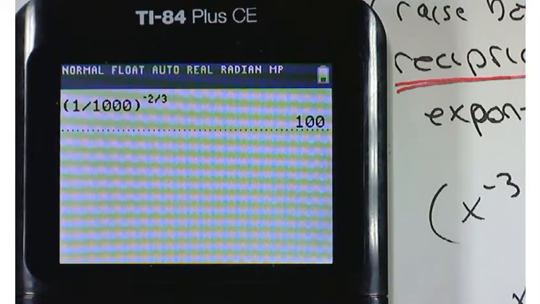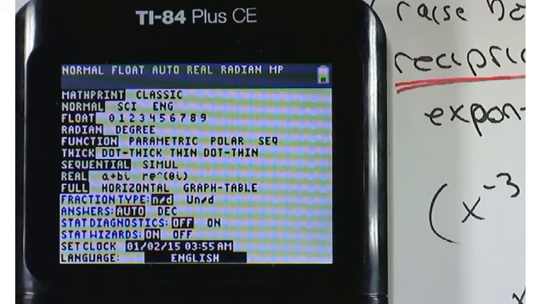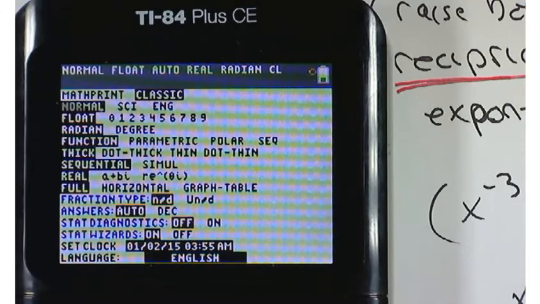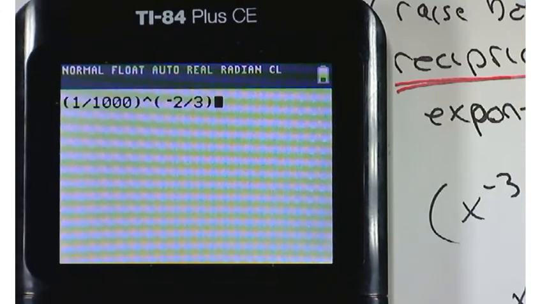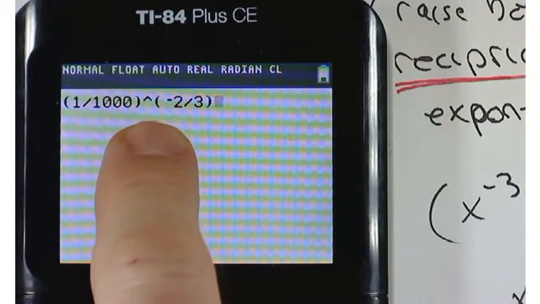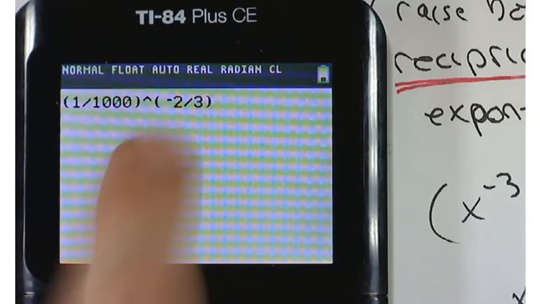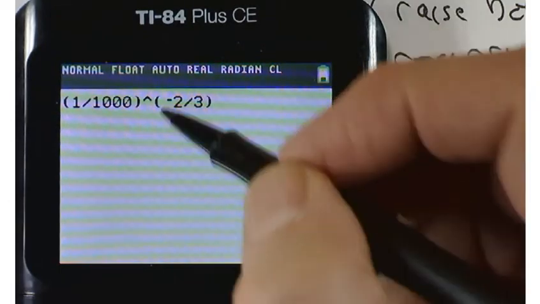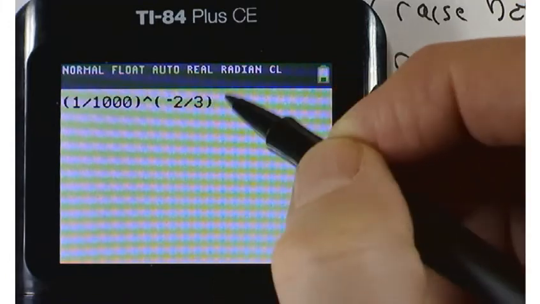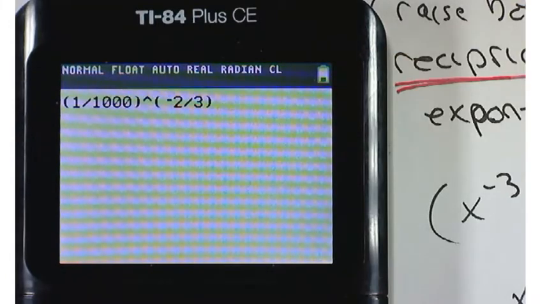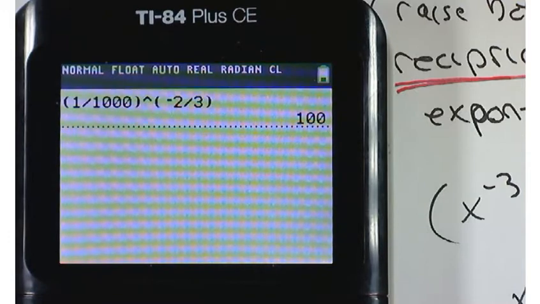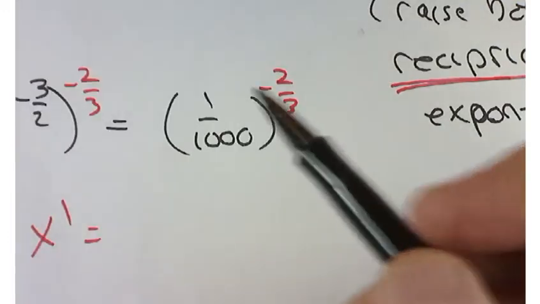Now, if your calculator is kind of old school, if you got one at home that doesn't do exponents like we're getting up here, then it would look like this. Raised to the power is going to show up as a little up arrow caret, and then you would definitely need parentheses around both of those terms in the exponents, or all three of them really. So again, you're going to get 100, but just be careful if you got an older calculator.